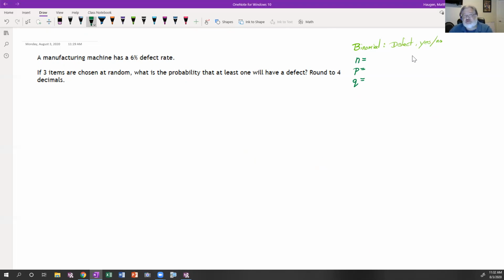It's common for people to come up and say, I've been working on this problem for 2 hours and I can't find P. And I'll look at the problem and say, that's a question about the distribution of means, not a binomial.